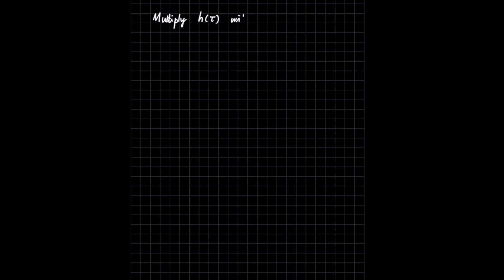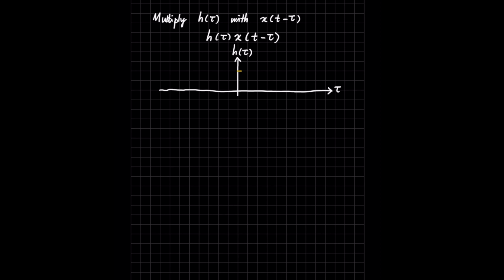So first, based on this condition, we multiply h tau with x t minus tau. Based on the pointwise multiplication, the multiplication will produce a zero amplitude signal, and thus when we do the integration we will get 0 as well.